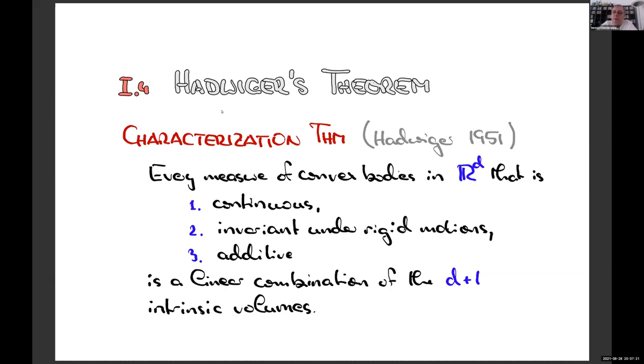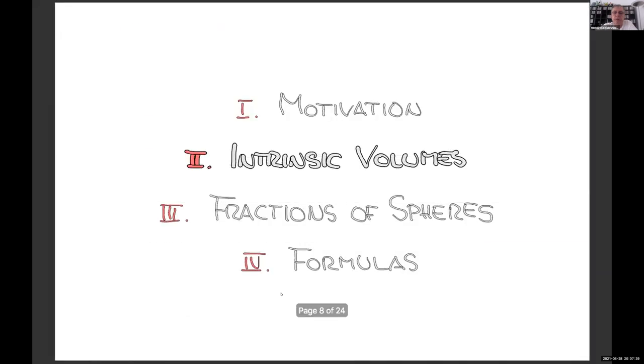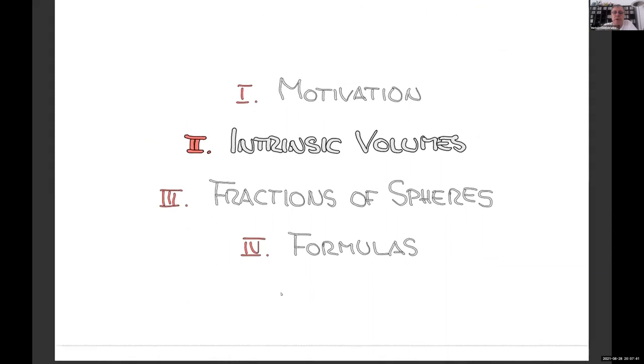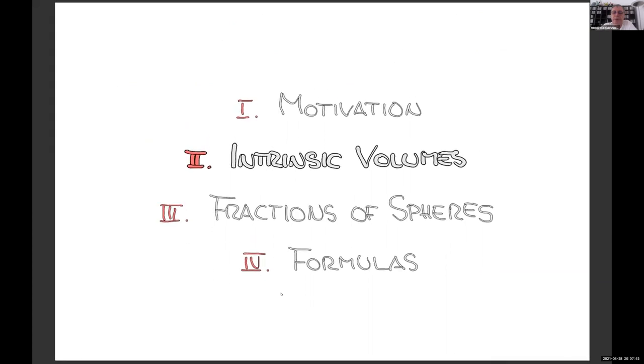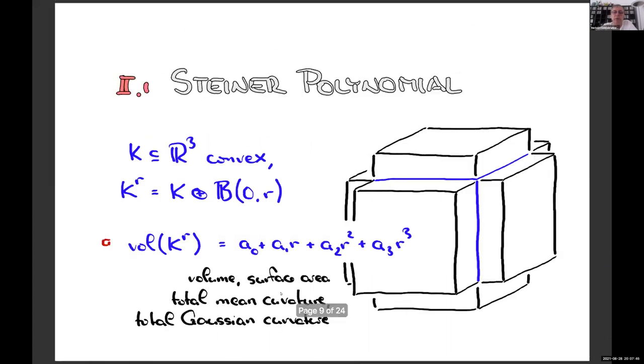So this somehow puts the intrinsic volumes at center stage when the topic is about measures of bodies. In particular, this was for convex bodies. I'll introduce the intrinsic volumes in more detail pretty much now. So let's jump into the discussion of intrinsic volumes.